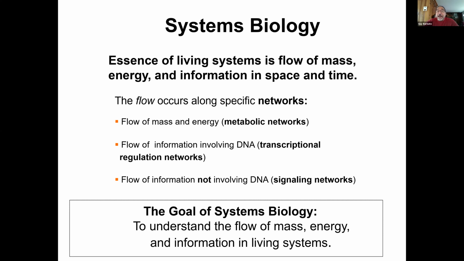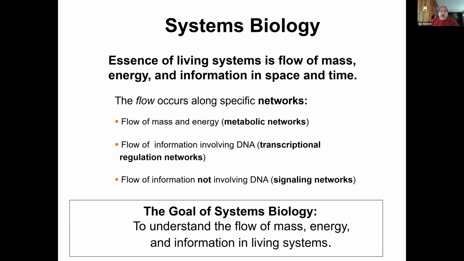The other way to think about it is the flow of information in DNA. And of course, this is the one we always think about. We think about DNA in the context of how the information in DNA flows through space and time. And the answer is we think about transcriptional regulation. How does DNA become transcribed and regulate gene expression?